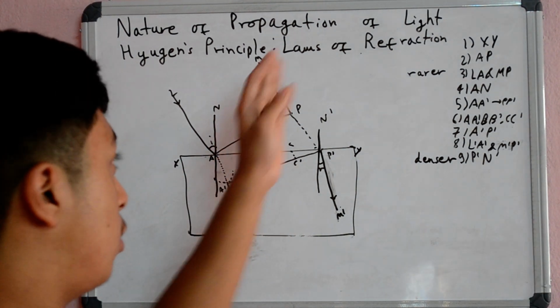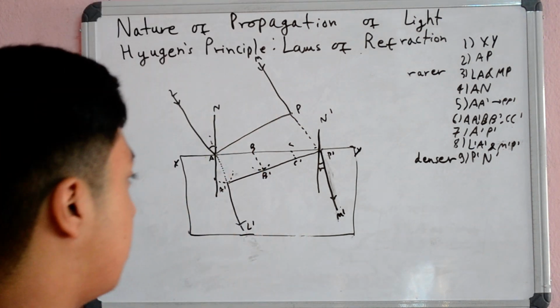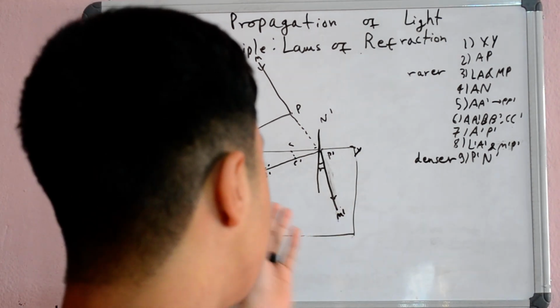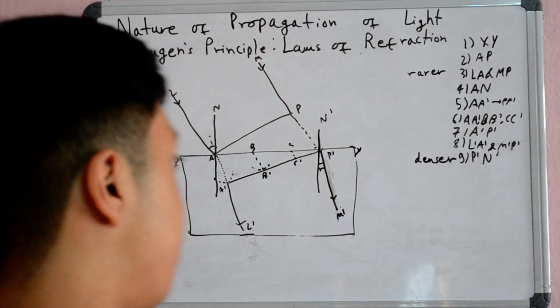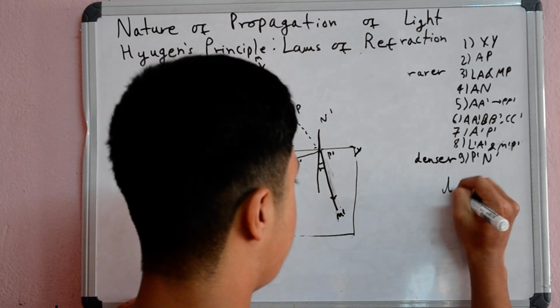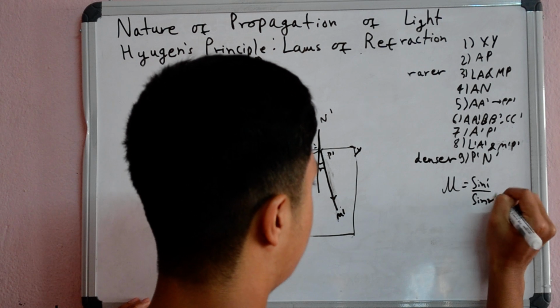Now for the laws of refraction, first we have to verify Snell's law, which says that the sine of the incident angle by the sine of the refracting angle is always constant for a pair of two mediums. So basically we have to verify mu is equal to sine i by sine r, which is constant.